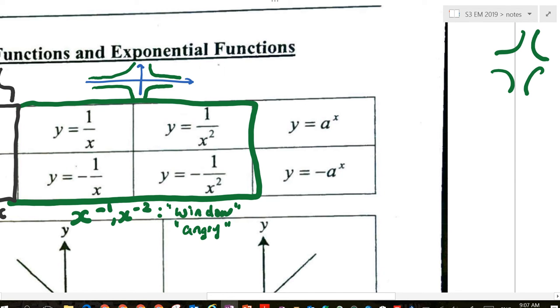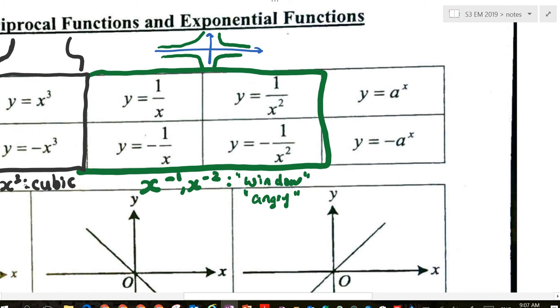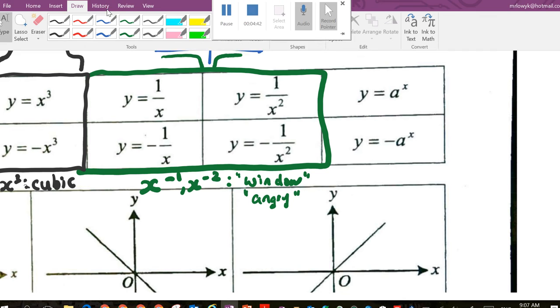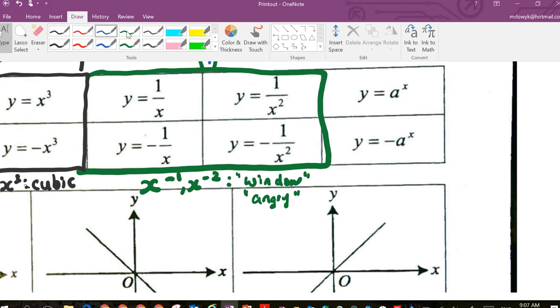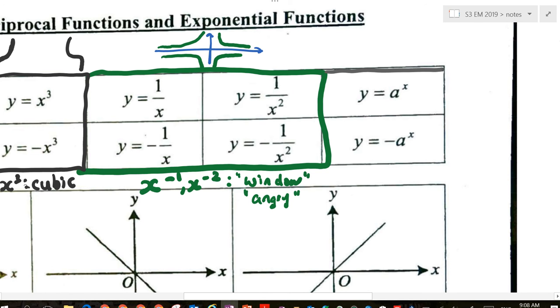I don't know lah. Now the last graph, I run out of color. So this last graph, it looks like that. It looks like from here go up. So this is the exponential graph.